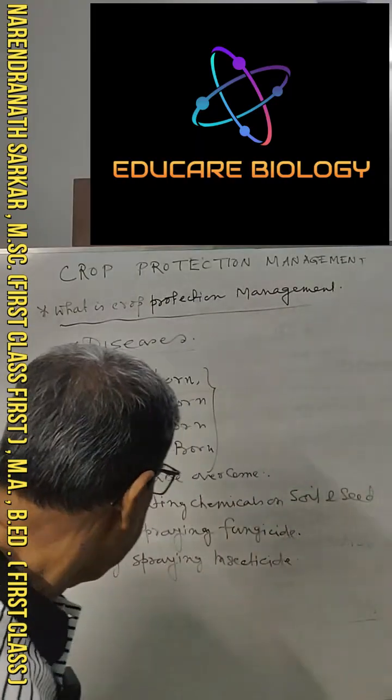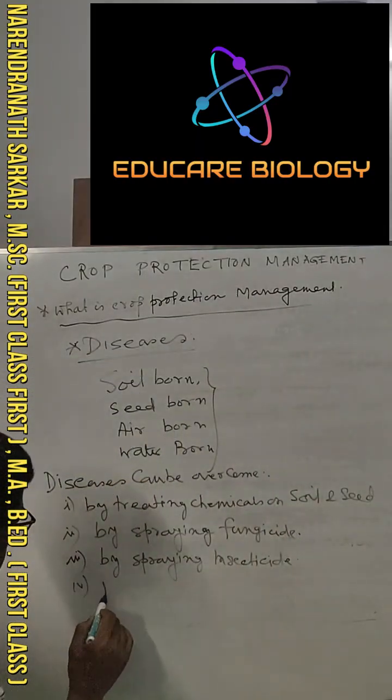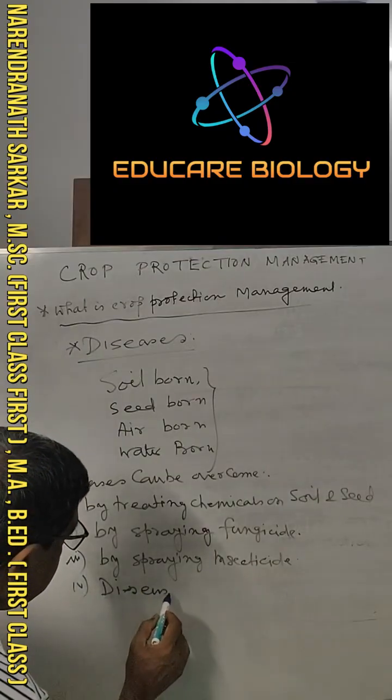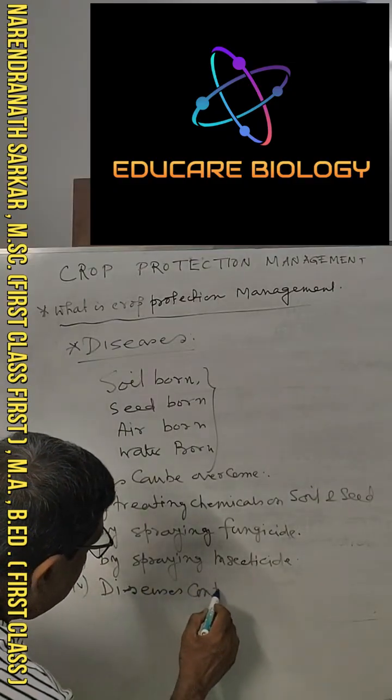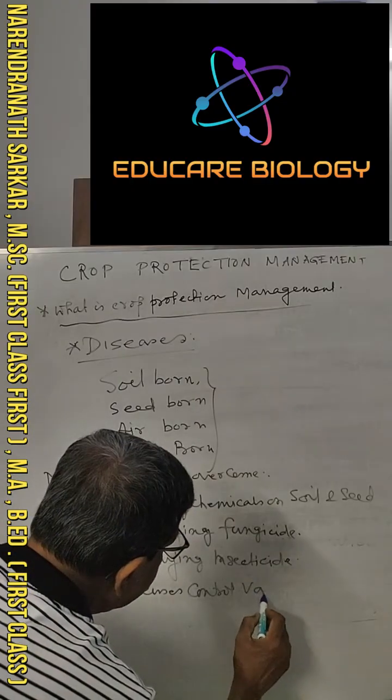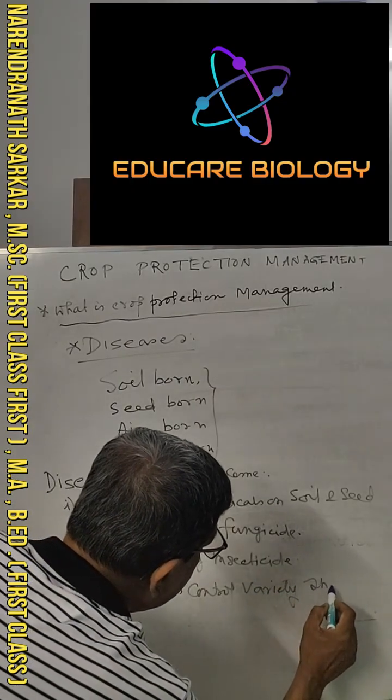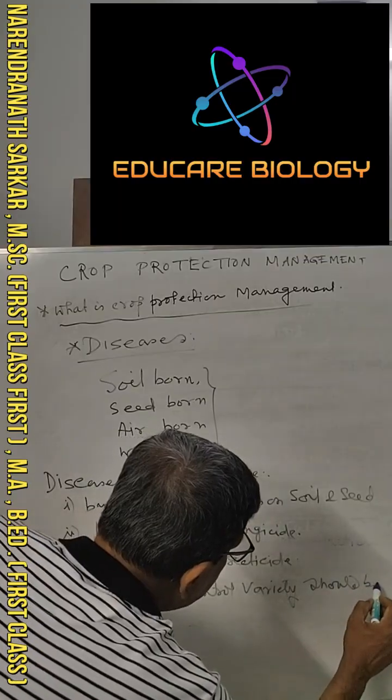Number four, for disease control, resistant varieties should be chosen.